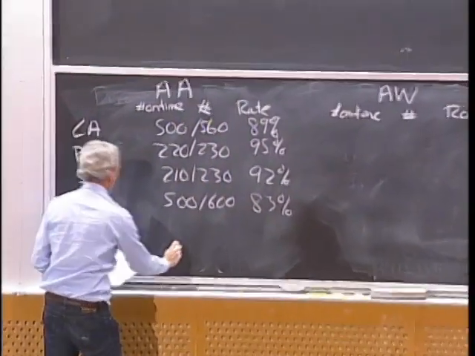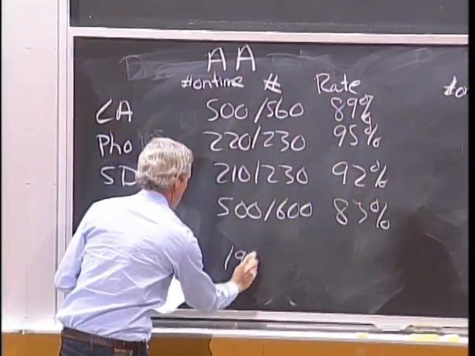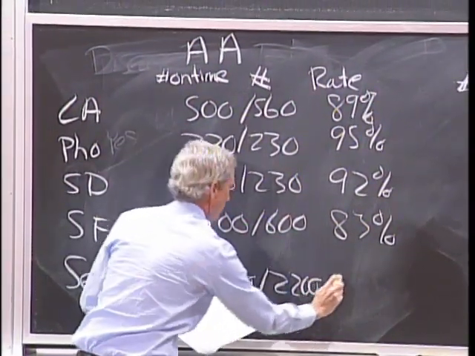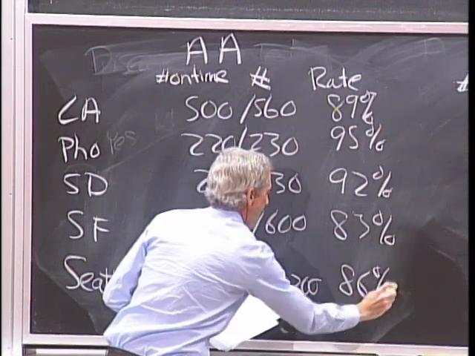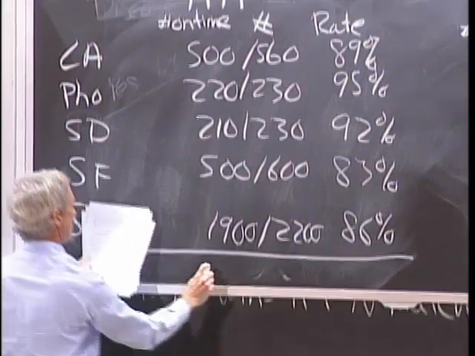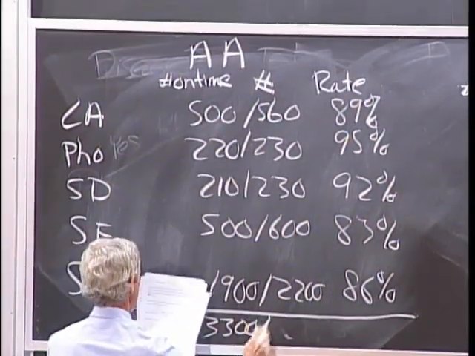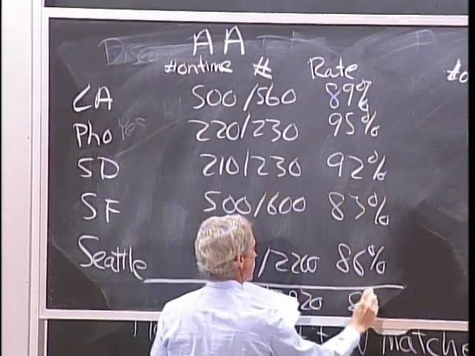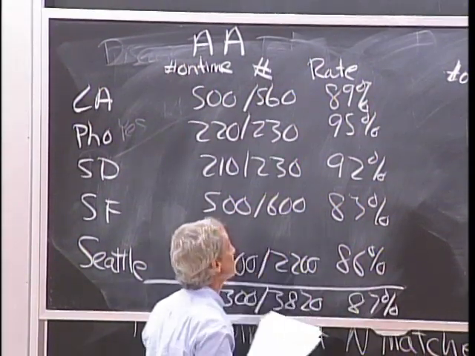And then Seattle, they had a lot of flights. That's where they're, maybe they had a hub, 2,200 for 86%. And if you added them all up, they got 3,300 out of 3,820 for 87% on time.